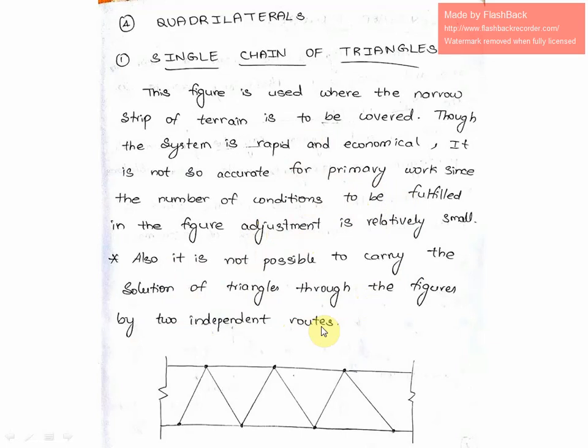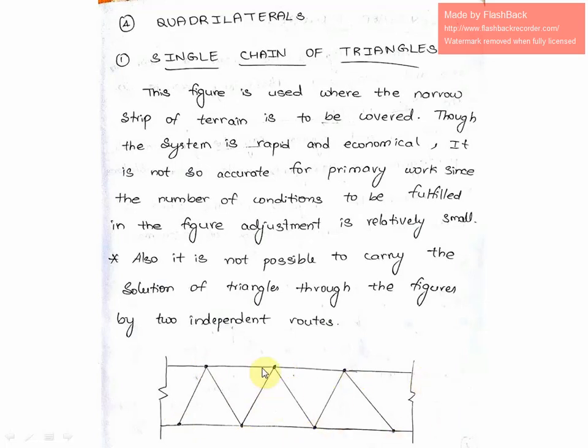For faster or easier work we would go for two independent routes, and that is not possible in this method, as the terrain is a narrow strip. So forming two independent routes is not possible in this case. You can see the figure here. This is one narrow strip of terrain, and these are the triangles formed for the conduction of work.